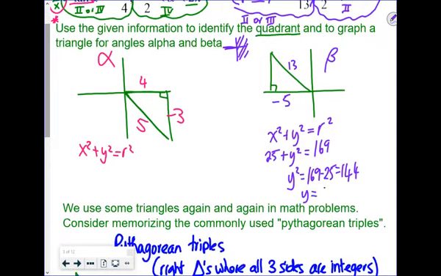Y equals plus or minus the square root of 144. Sometimes you will want the minus, but look at this one. The y, this side, is going up. Y equals positive 12. If this had been in quadrant 3, we would have had to use the negative square root. Watch out for that.